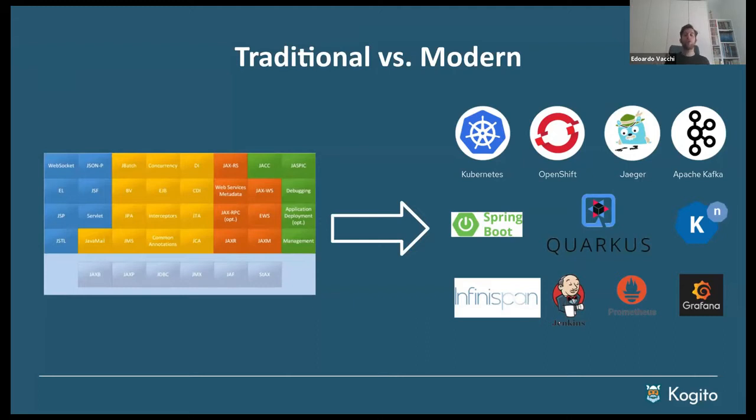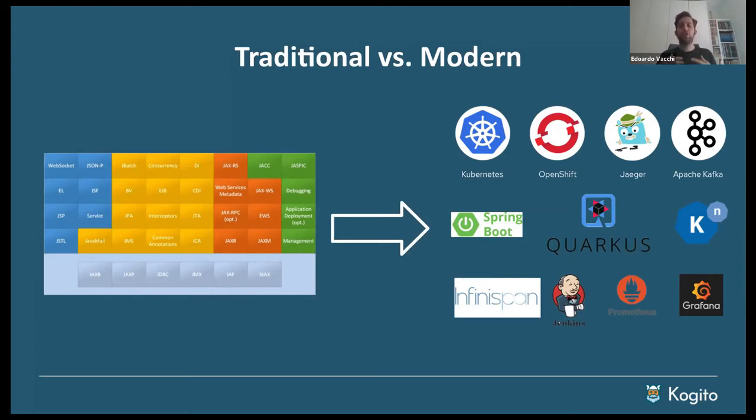The role that was played by WARs is now played by containers. So you package your application in a container, and then you can use services that are provided by the platform for consuming messages, for storing data, to expose metrics.